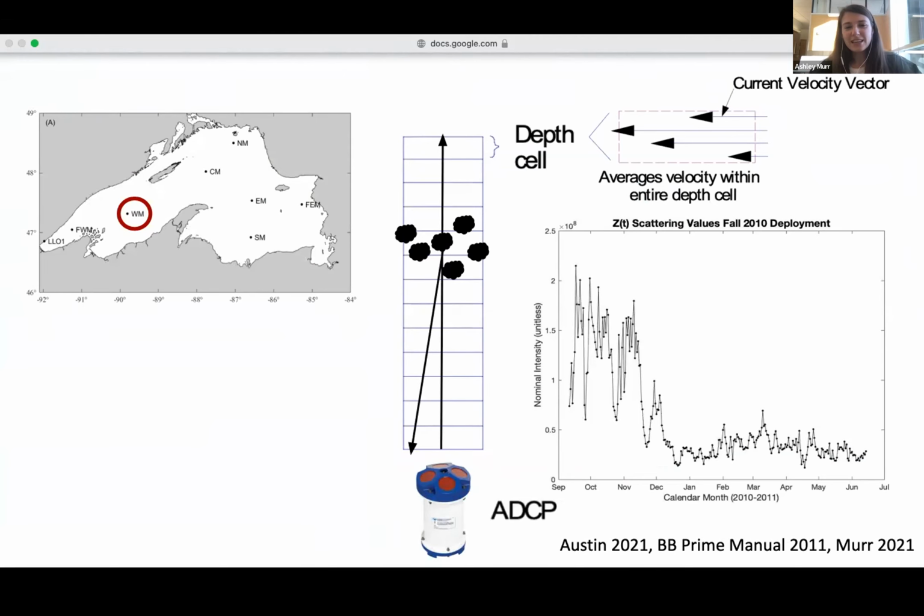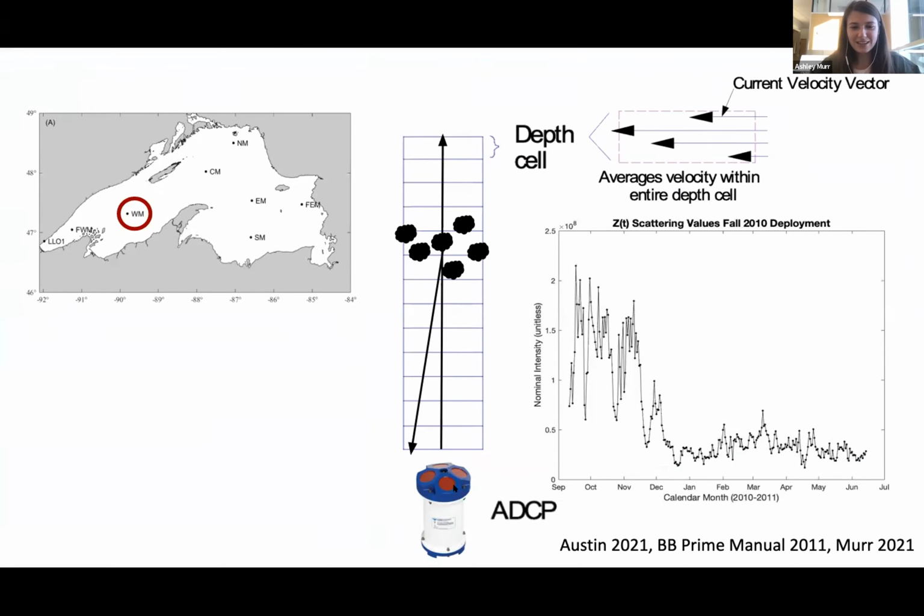I'm going to use data from that mooring from an instrument called an ADCP, an acoustic Doppler current profiler, which is what this little guy is down here. An ADCP works by sending out a sound beam into the water, which reflects off particles in the water. So we get something called a returned signal strength intensity, called RSSI.